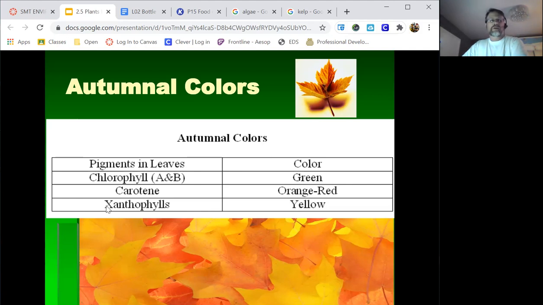And if it gets a little bit colder, then that chemical breaks down and the yellow goes away, and we're left with the carotene and the red leaves. So if we have cool, dry days, the chlorophyll will break down, but the others will remain. And then the colder it gets, or if it gets too wet, then this will get bleached out as well, and we'll be left with brown leaves.